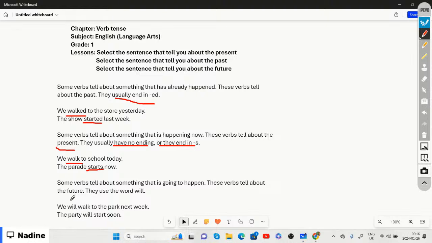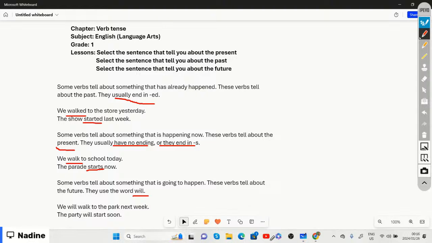And they use the word will. The future means that it must still happen.